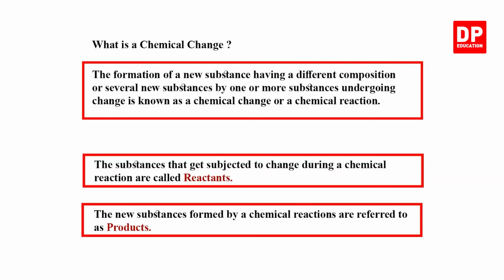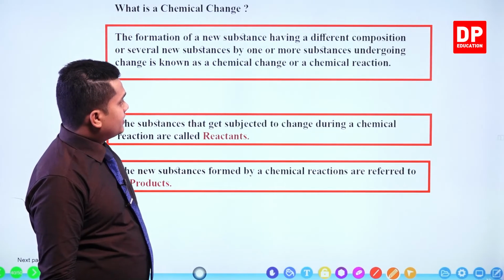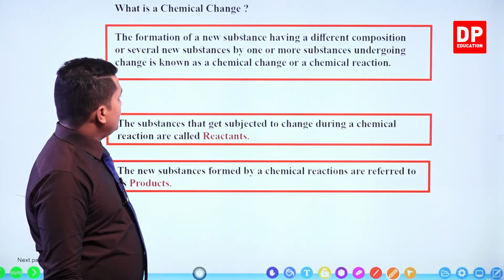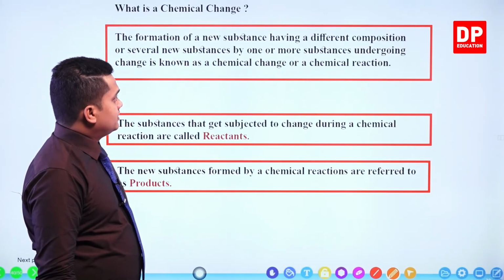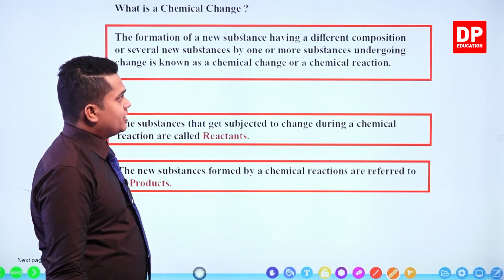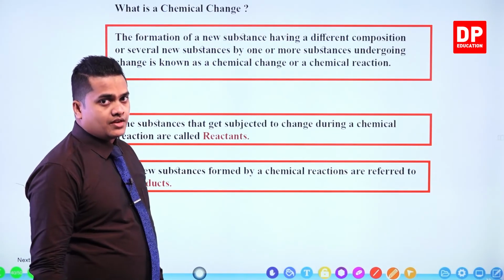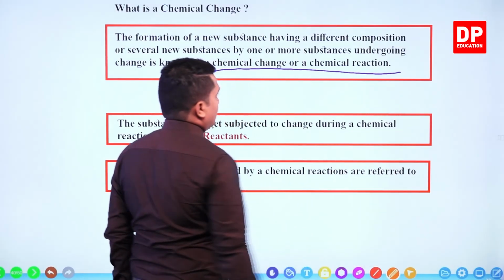You are given special points here. What is a chemical change? The formation of a new substance having a different composition, or several new substances, by one or more substances undergoing change is known as a chemical change or else a chemical reaction. So we already know what this means.